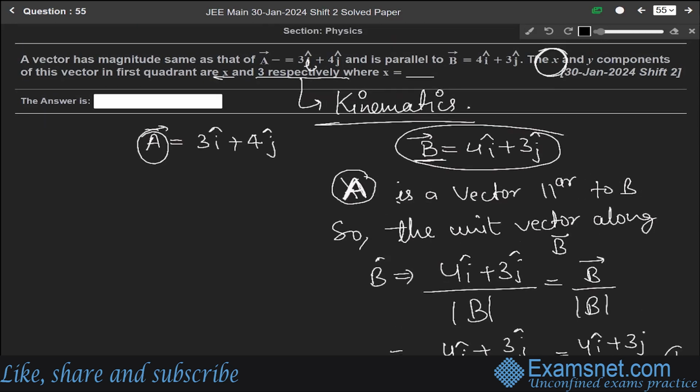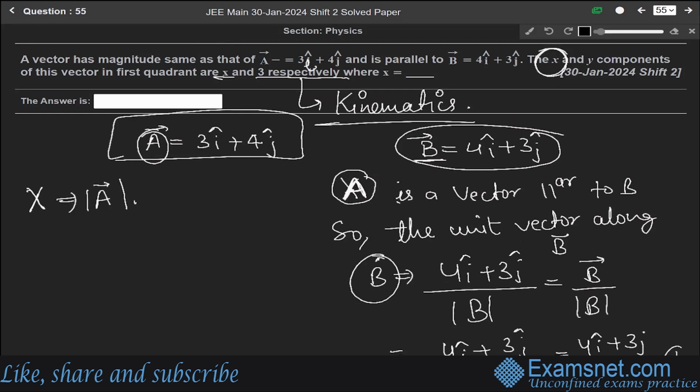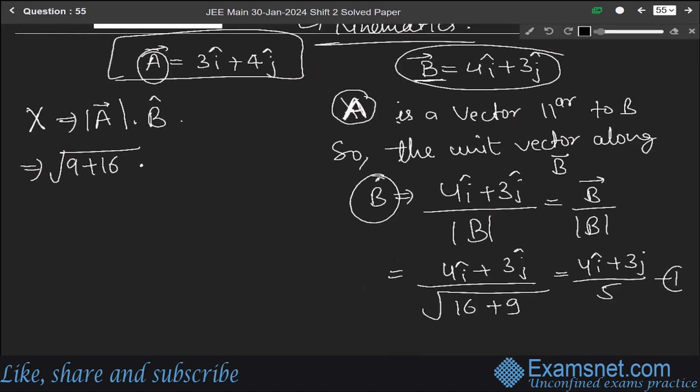Now there is a vector. Let us say this vector is X. This vector has a magnitude of A and it is parallel to this vector B. So this vector X will be equal to modulus of A into unit vector B. Modulus of A is root of 9 plus 16, into unit vector B. Unit vector B is 4 i cap plus 3 j cap over 5.